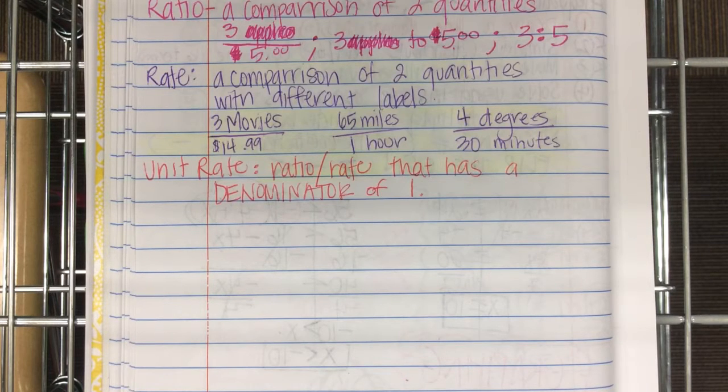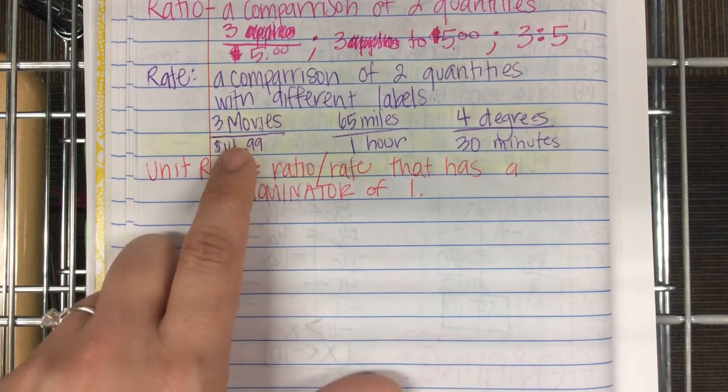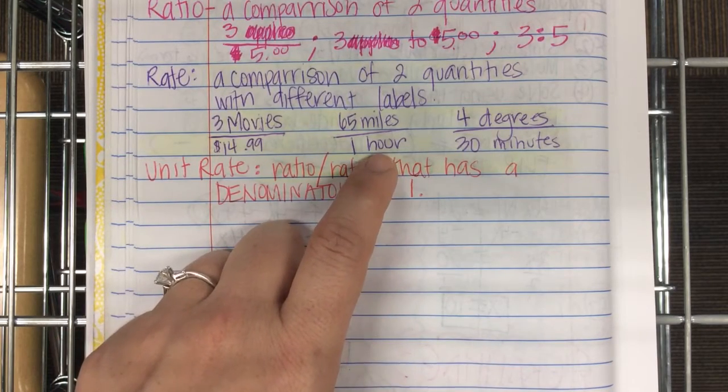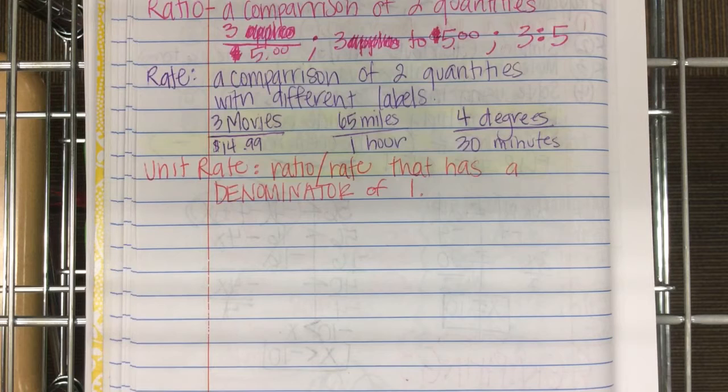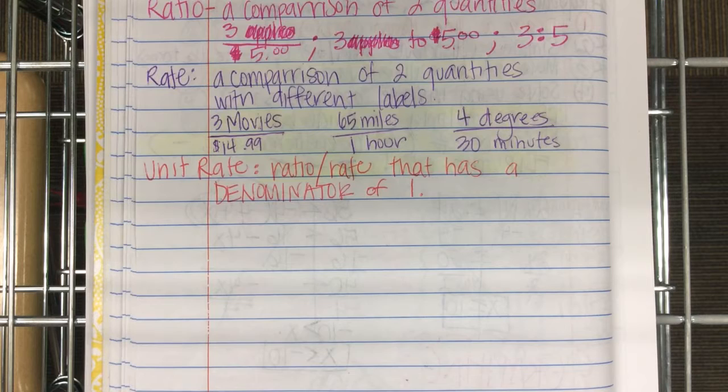Where's the denominator? On bottom, correct. So looking at these rates up here, 3 movies for $14.99, 65 miles for 1 hour, or 4 degrees for 30 minutes. Which one's a unit rate? Olivia? Yeah, this is my unit rate, 65 miles per 1 hour, because the denominator is 1.